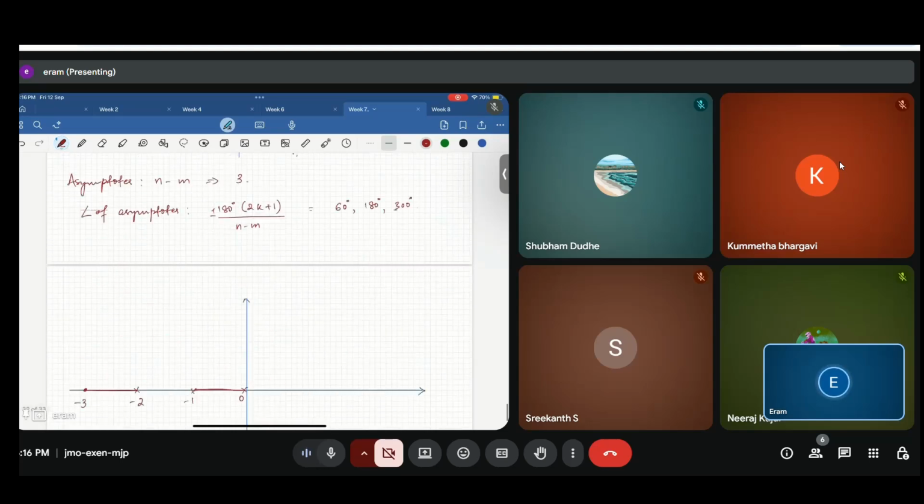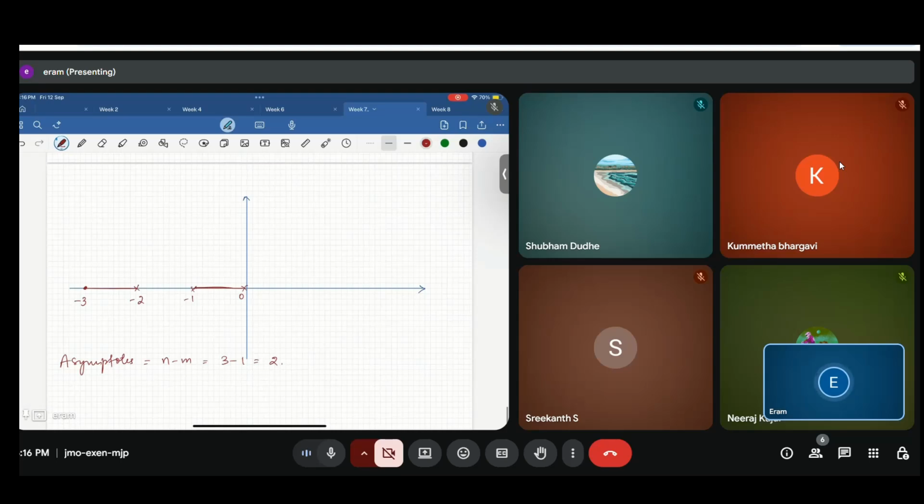But in this case, since we have one open loop 0, one of the branches will converge to this open loop 0 and the other two will terminate at infinity. That's why earlier we had three asymptotes, but now we have only two, because only two branches will be going to infinity and the other will terminate at the open loop 0.